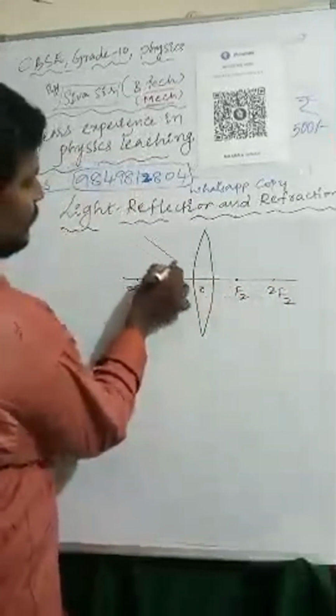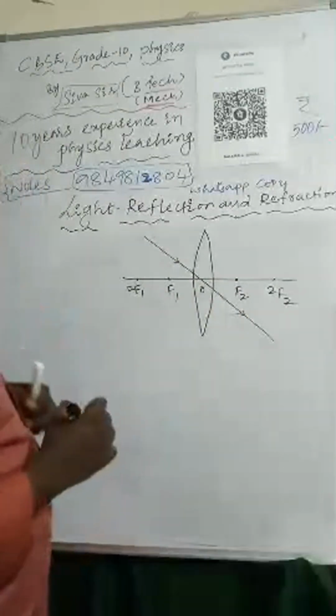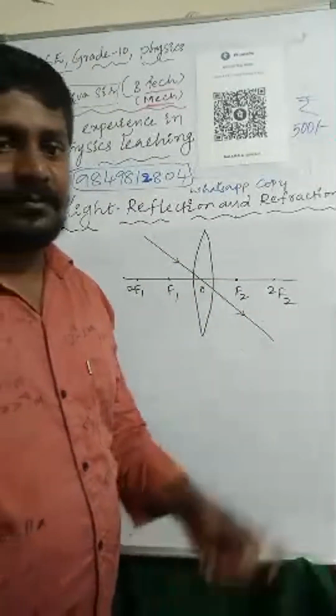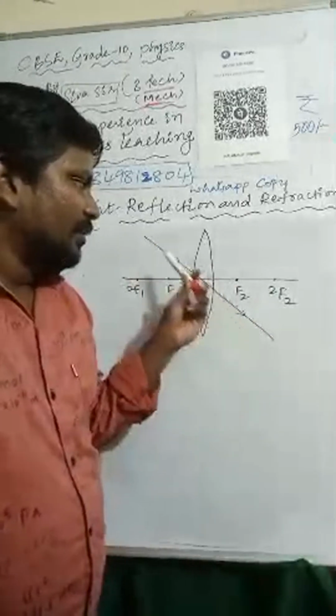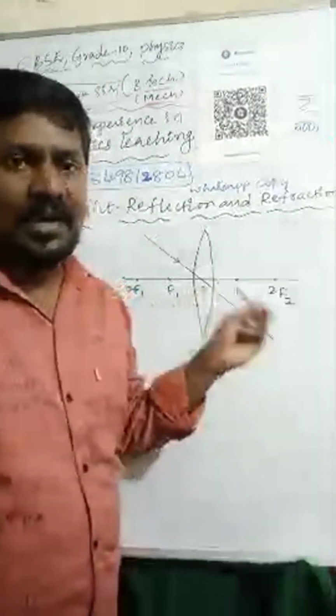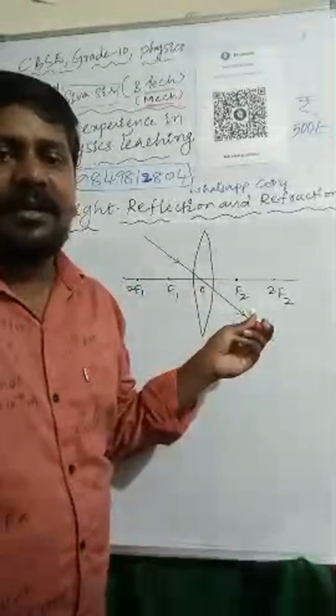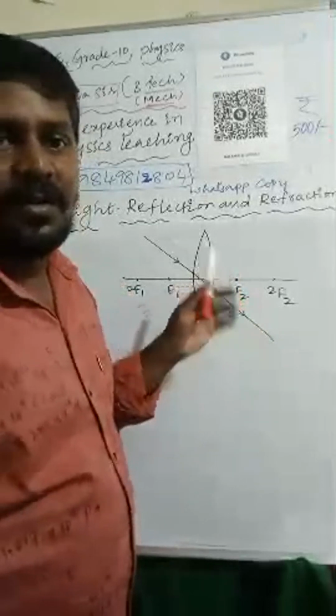The light ray passes through the optic center. Here it passes like this only. So no refraction takes place. It will be an undeviated line. Clear? Any doubts? This is about the ray rules of the convex lens.